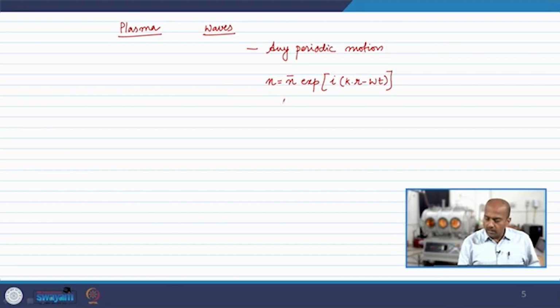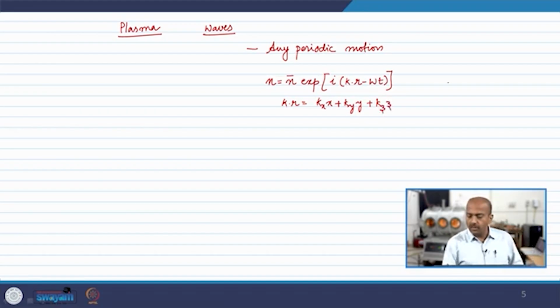What is k dot r? k dot r can be written as kx x plus ky y plus kz z, with the understanding that r is x i cap plus y j cap plus z k cap, and the wave vector k is kx i cap plus ky j cap plus kz k cap.